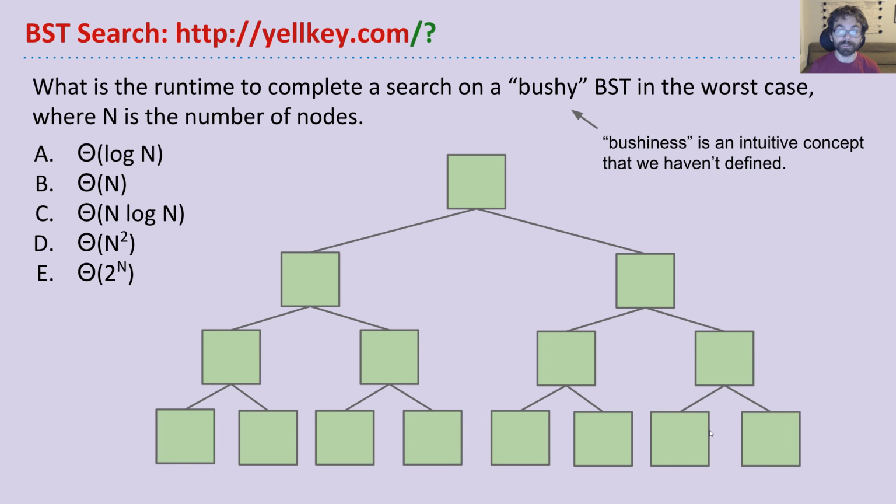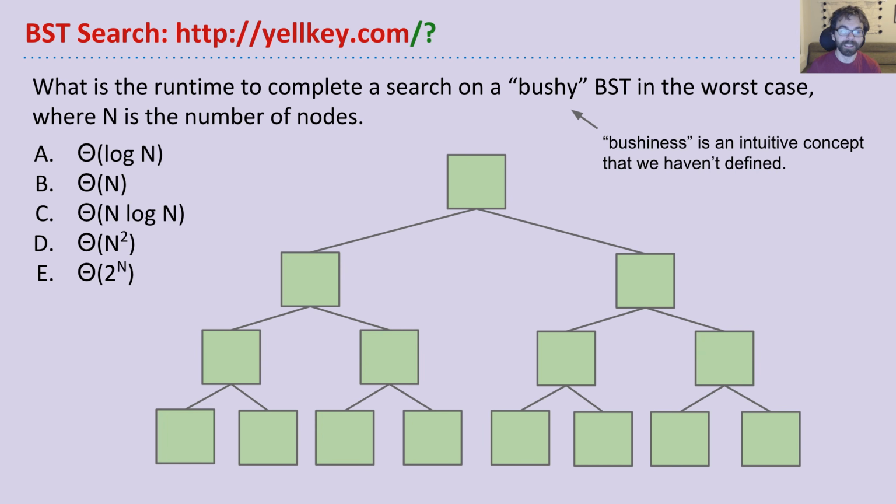If we want to search for something, what is the worst case search time in terms of n, the number of nodes? And again, I said I haven't defined bushiness, but think of it as a tree that is as full as you can imagine. A binary search tree that is as full as you can imagine. So pause the video and think about that.